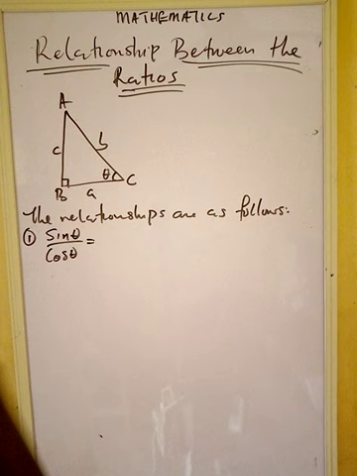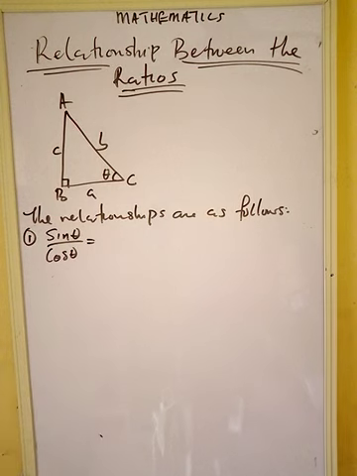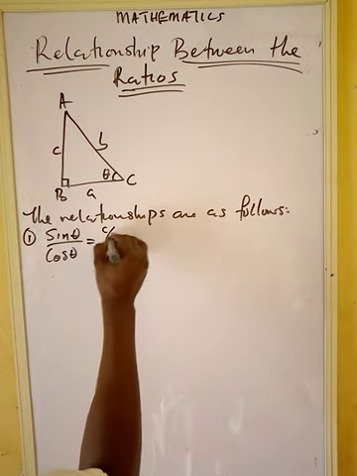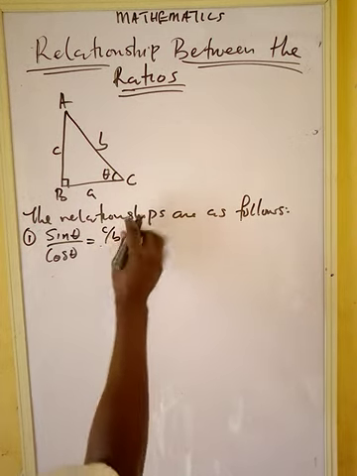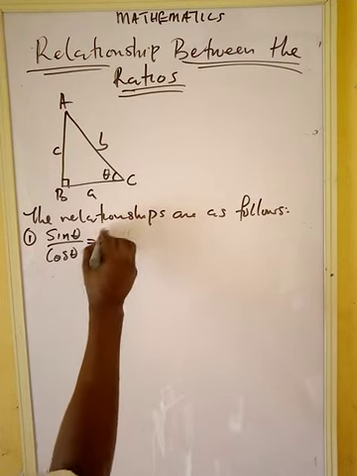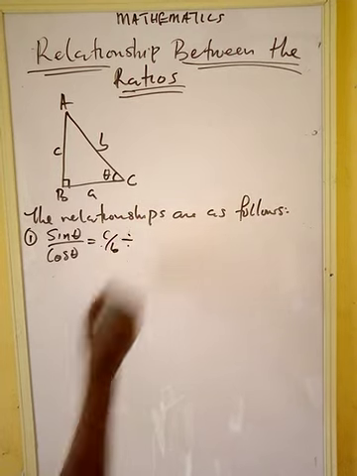So what's our sin theta? From the previous video, is our sin theta not c over b, if you check your note very well? Sin theta is c over b, divided by cos theta.